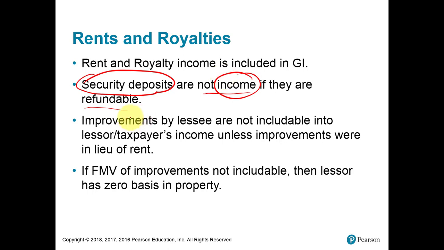If the tenant makes improvements to the property and the landlord keeps those improvements, it's not considered to be rent to the landlord. That's not a common situation. Typically, the common situation is the landlord, to motivate the tenant to move in, is the one that is going to improve the property, set up counters, put in electrical for my equipment, maybe even give me a rent holiday for a couple months, unpaid rent.